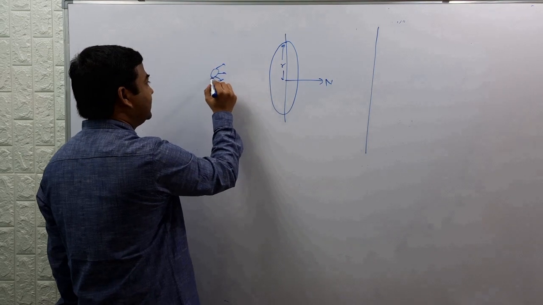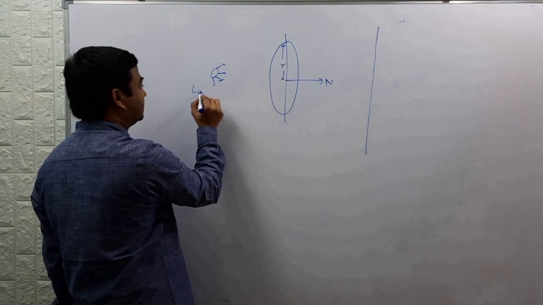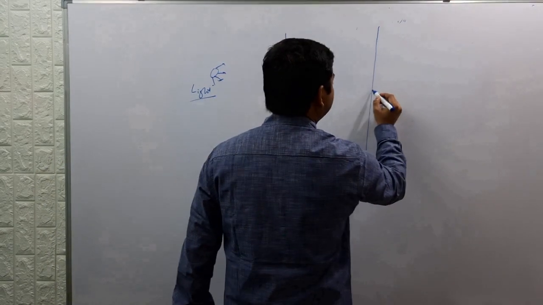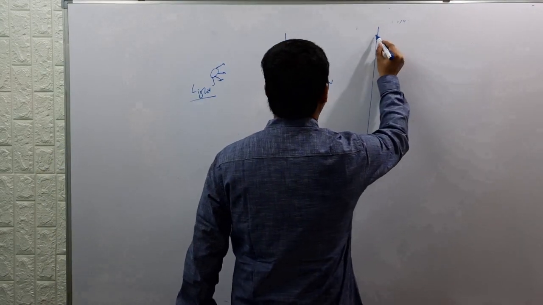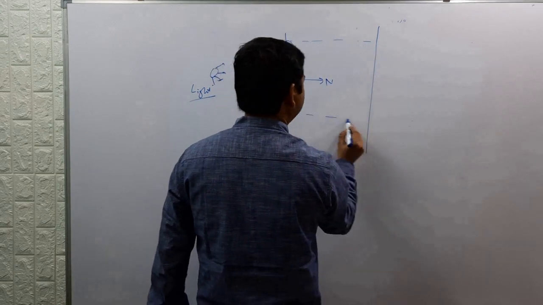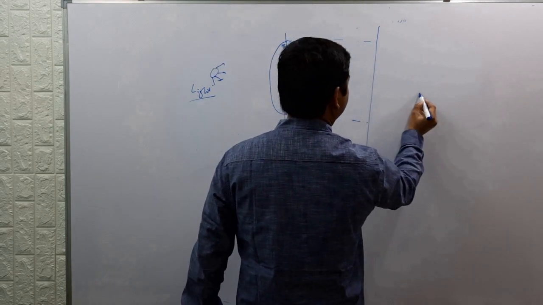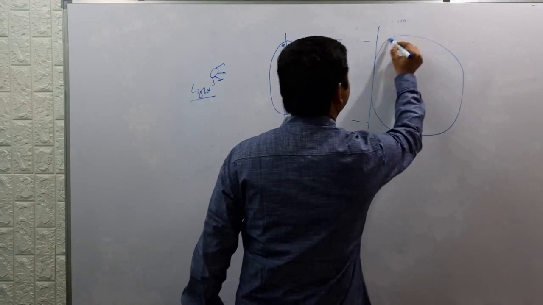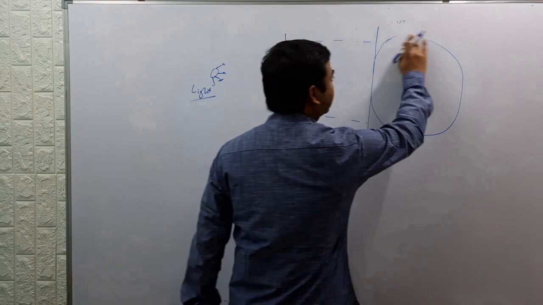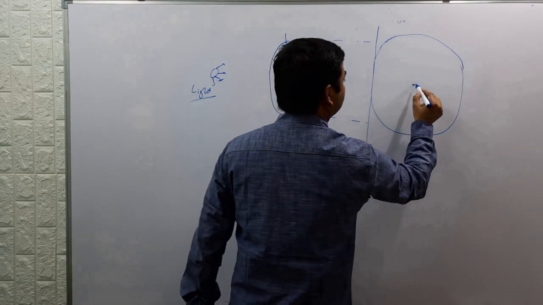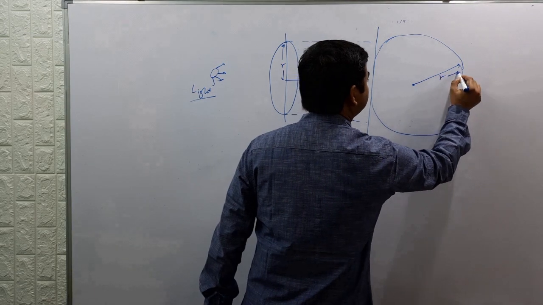In that case there is a source of light, and on this film you will get an image of the circle. Sorry, this is not exactly a circle, but actually you will get a full circle image, and the radius is r.